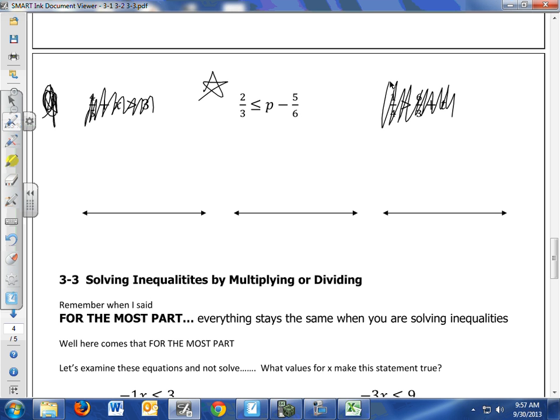Use parentheses around your fractions, please. Figure out what your number is between. Draw your arrow correctly.